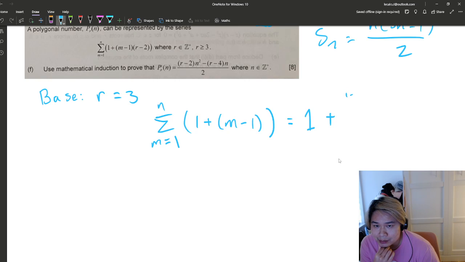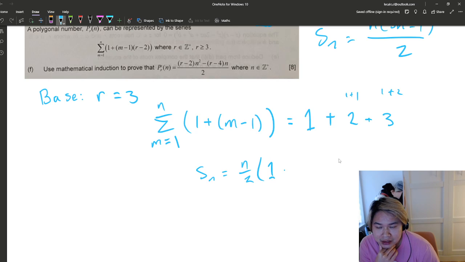This one is 1 plus 1, 2, and then 1 plus 2, 3. Okay, so essentially this is going to be the sum of the first n terms. Your first term is 1, and then your common difference is 1.